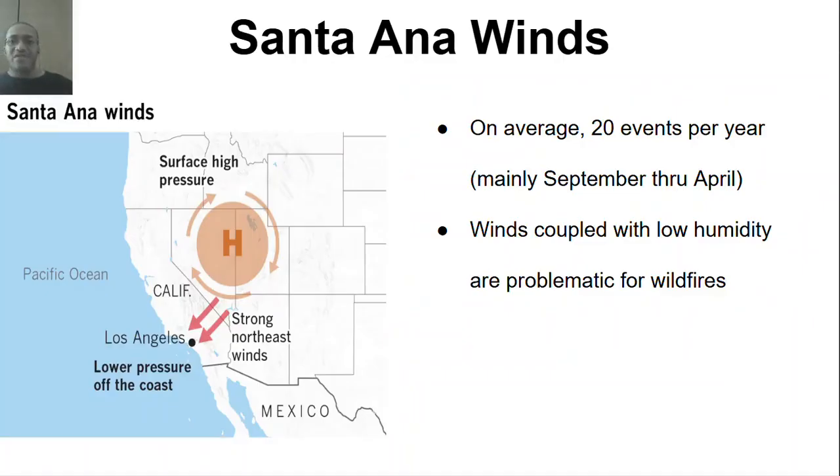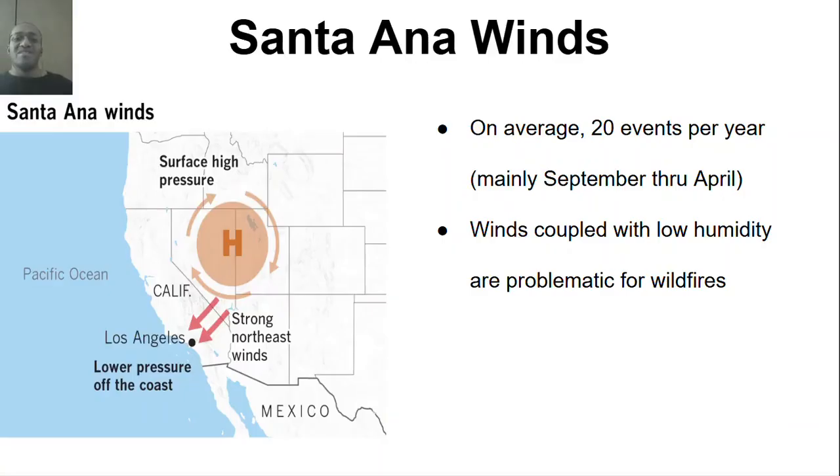And so on an average basis, this region typically sees about 20 strong wind events, mainly from September through April, where the environment is more conducive to supporting stronger winds.